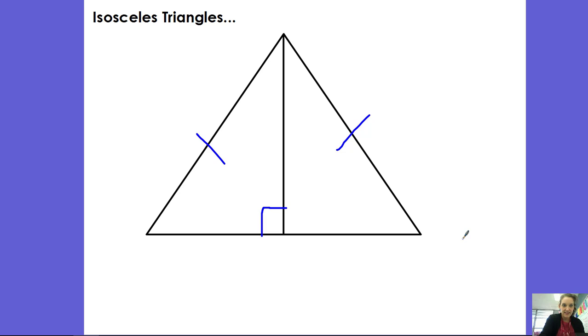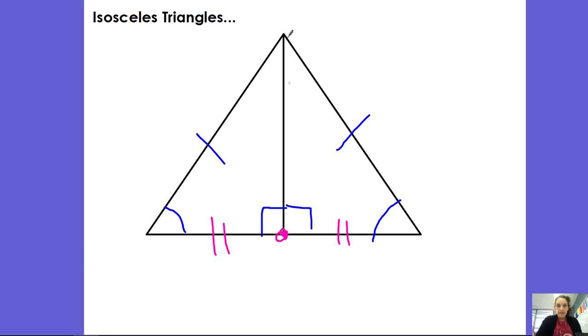So this is an isosceles triangle. These two sides are congruent, so these two base angles are congruent. And if this is an altitude, these two triangles are congruent by angle, angle, side. And so by CPCTC, these two segments are going to be congruent to each other. So that would make this the midpoint.